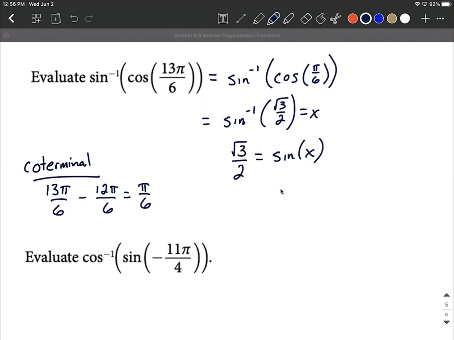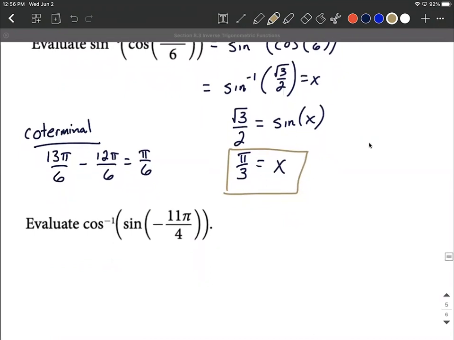Hopefully this is a nice ratio that shows up a whole lot. If I plug in the angle pi over 3, or 60 degrees, written in radians, for x, that produces this desired ratio. So our solution in this case is pi over 3.